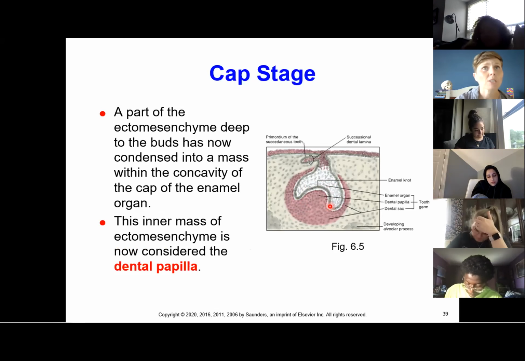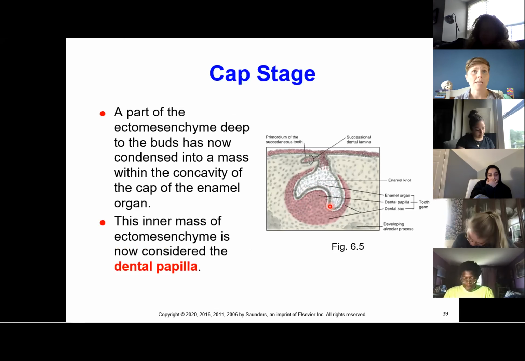A part of the ectomesenchyme deep to the buds has now condensed into a mass within the concavity of the cap of the enamel organ. So you have your knot, here's your dental papilla here, here's your enamel organ, this white part. So this whole section, and this dental sac, is all part of that tooth germ, okay?